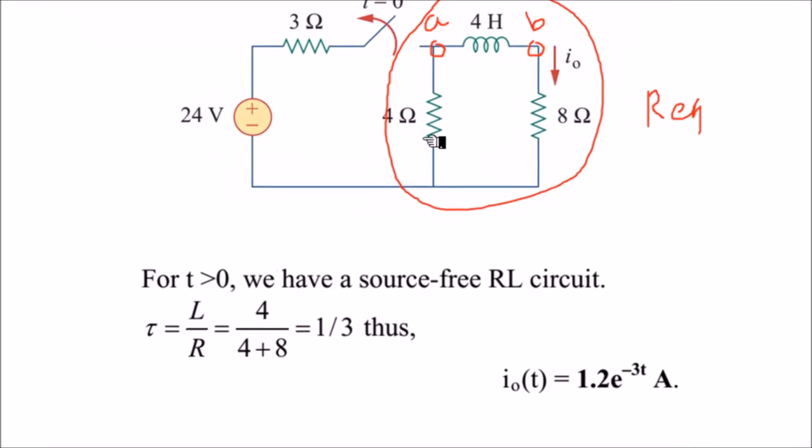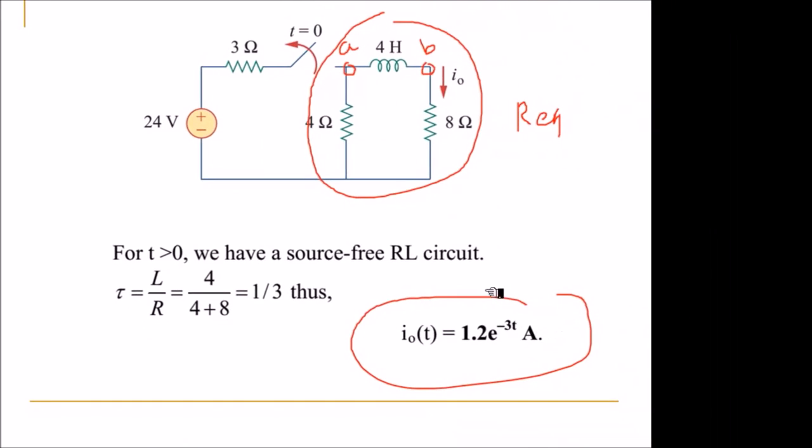Across A and B, you have a series connection of 4 ohms and 8 ohms. So R equivalent is 4 plus 8, and the time constant is 1 by 3. Substituting into our generic equation, I naught into e power minus R t by L, you will have 1.2 e power minus 3t amperes.